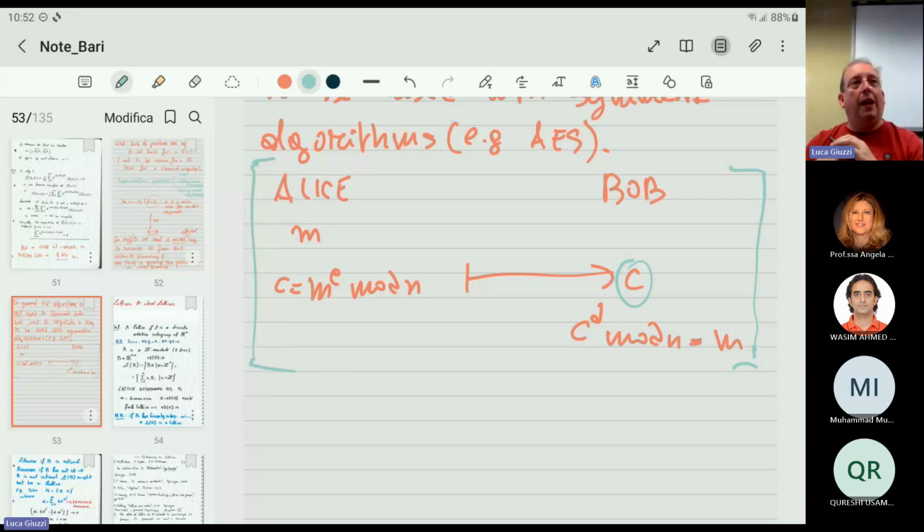That is to say, if M is an encoding of some text, then it's not a random number. There is some structure in the way the bits of M are distributed, and part of this structure is reflected by C. At least the Legendre symbol of M is the same as the Legendre symbol of C. So there are some mathematical functions which are the same on M and on C.